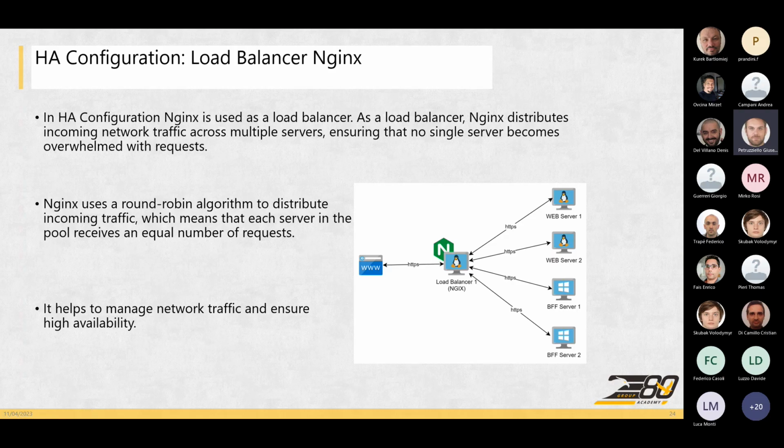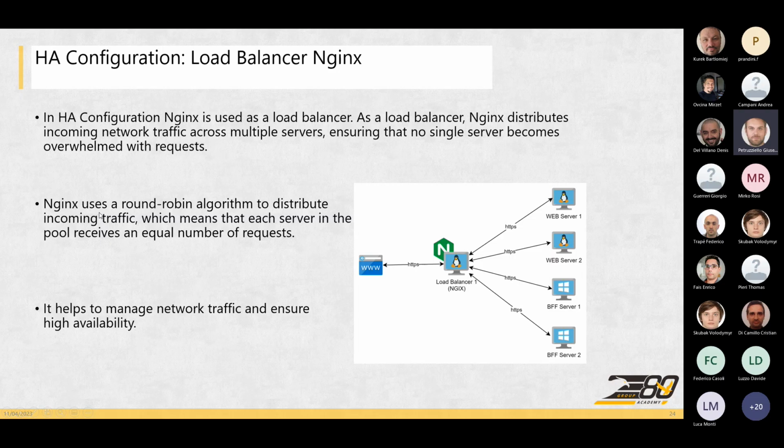So in HA configuration, Nginx plays a crucial role, not only in terms of reliability, like a reverse proxy, but also for distributing the requests to valid servers, so also for performance reasons. In fact, the scope in this case is to distribute the incoming network requests across multiple servers to avoid the system becoming overwhelmed.